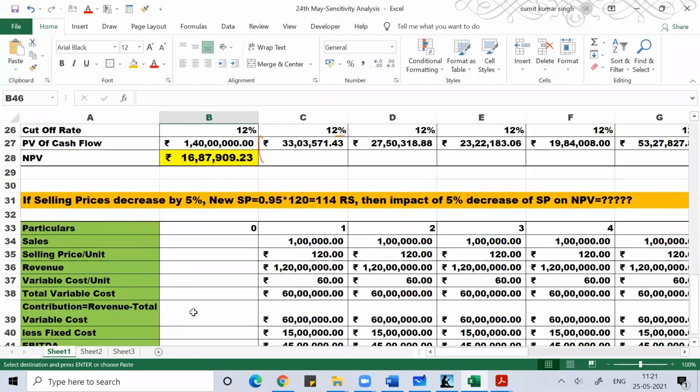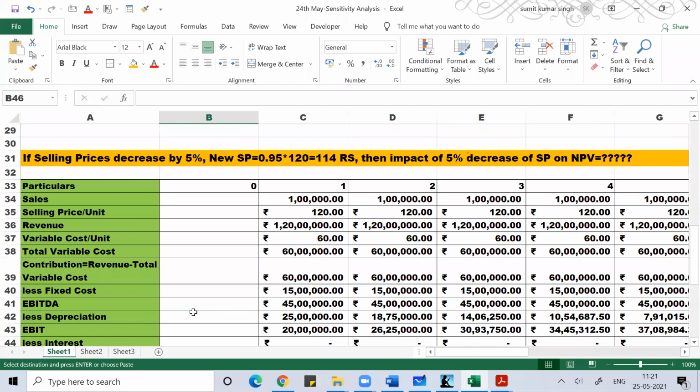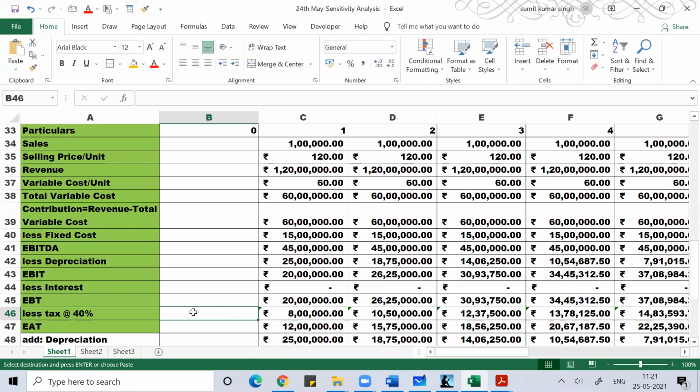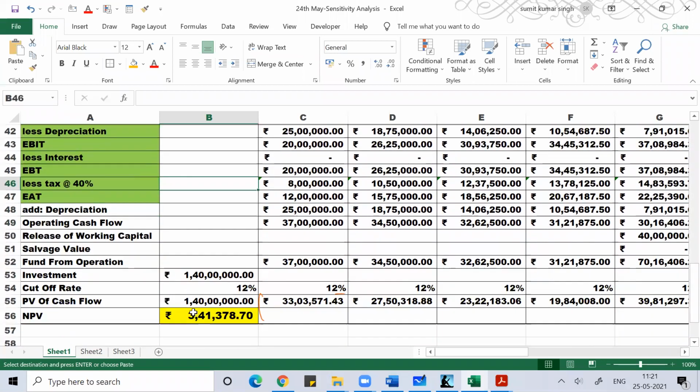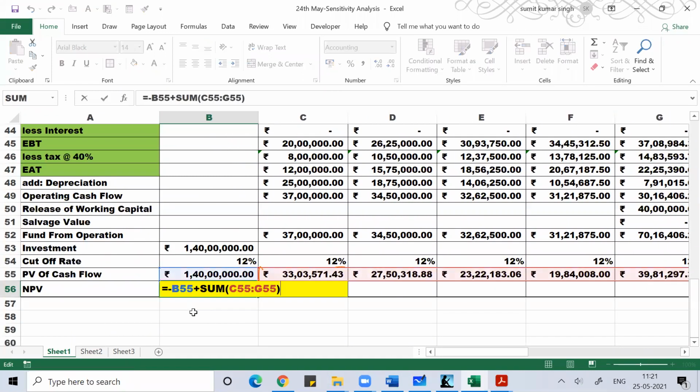So if you see in this calculation year, lakh rupees of your sales, selling price 120, revenue, variable cost, EBITDA, then why should NPV change?